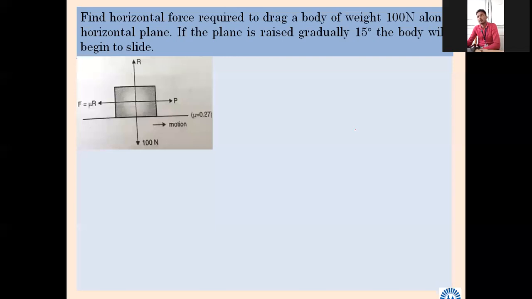Others, now read it carefully and let us see what is given. Try to understand first what is given, then we will solve.